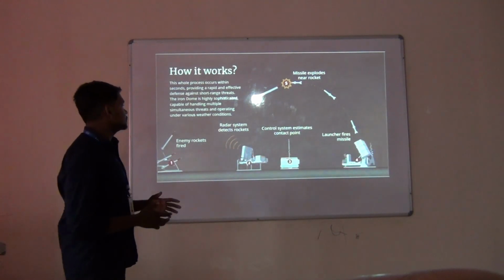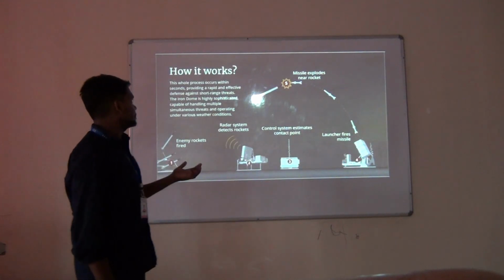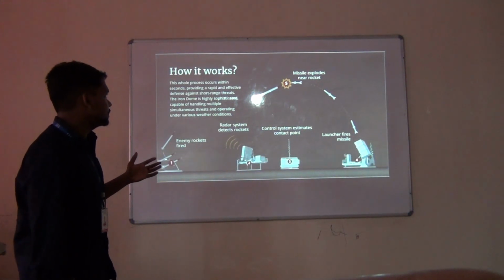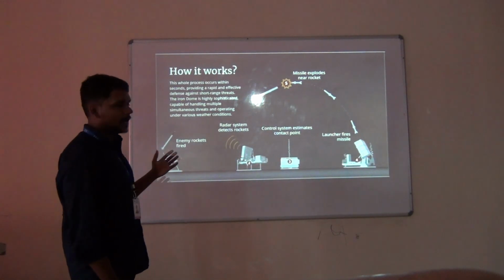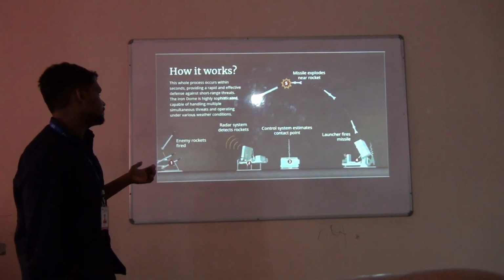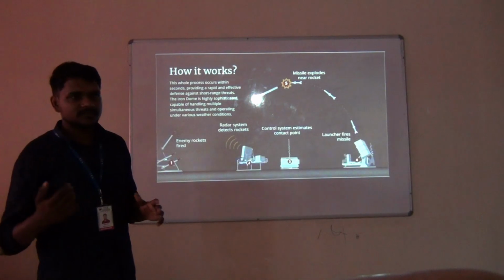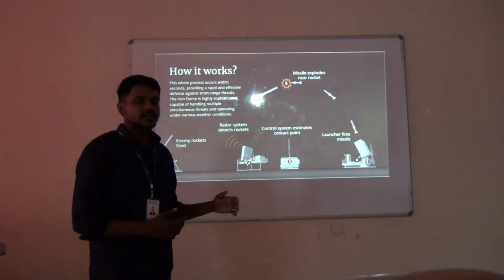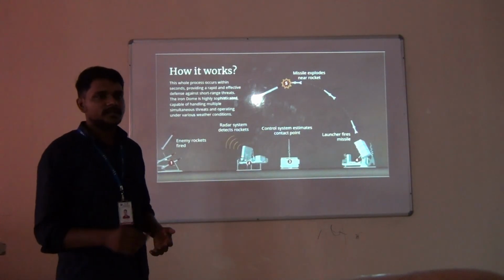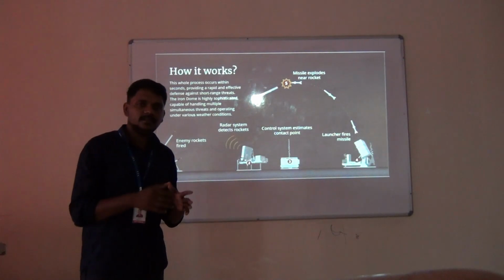This whole process occurs within seconds, providing a rapid and effective defense against short-range threats. The Iron Dome is highly sophisticated, capable of handling multiple simultaneous threats and operating under various weather conditions. As I said before, radar is one of the backbones of this technology. They are able to attack multiple missiles at one time, and this computation happens in less than seconds.